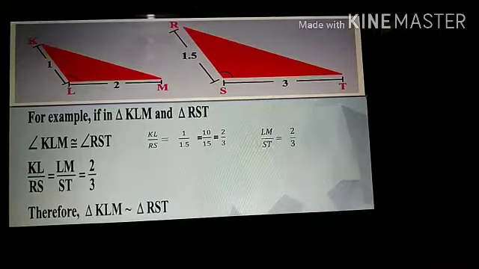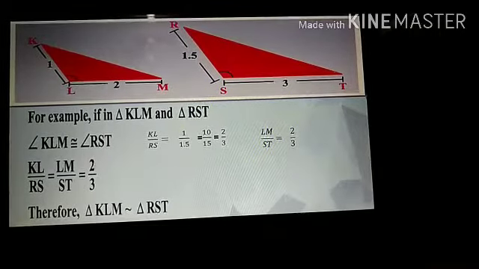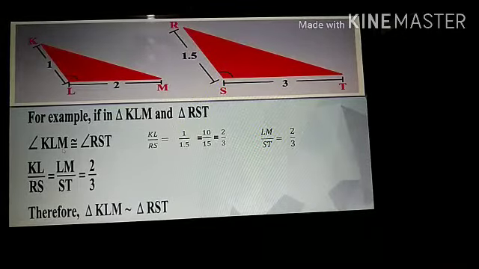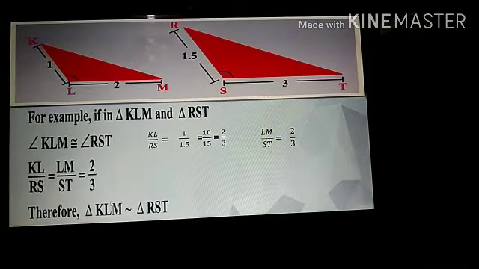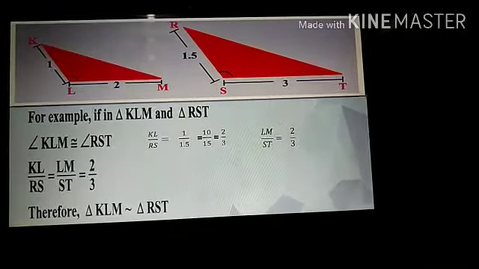We conclude KL upon RS is equal to LM upon ST, which is equal to 2/3, and the included angle between them, that is KLM, is congruent to RST. Therefore, we can say triangles KLM and RST are similar by SAS test of similar triangles.